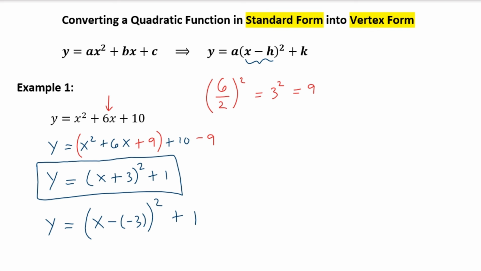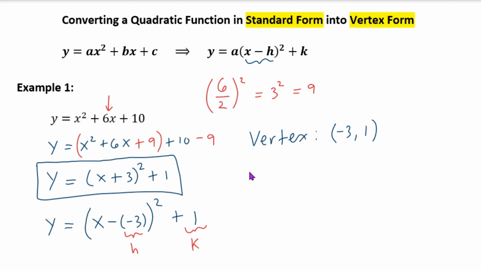So now it's very clear that the value of h is negative 3 and the value of k is positive 1. So the vertex of the function is negative 3, 1. Now, if you want to identify or give the equation of the axis of symmetry, you just have to look at the x-coordinate of the vertex.